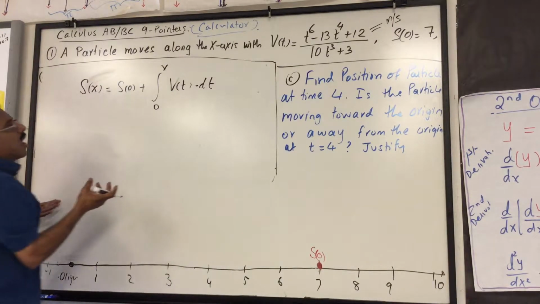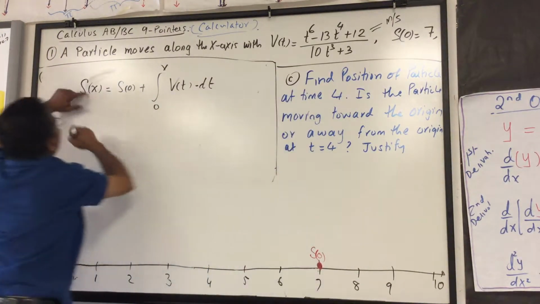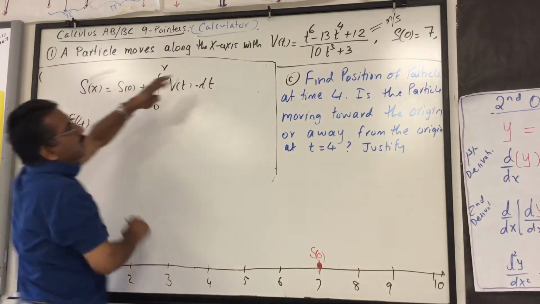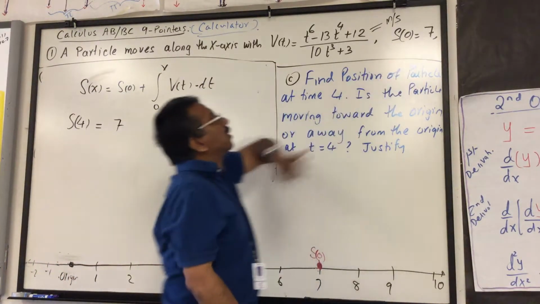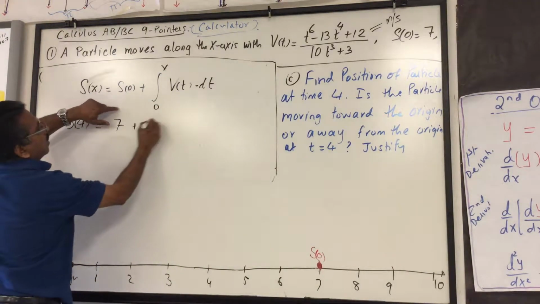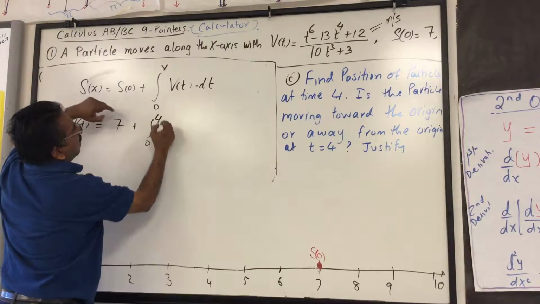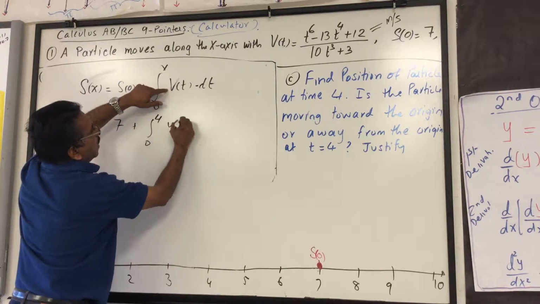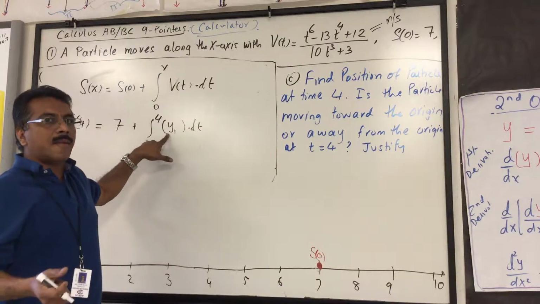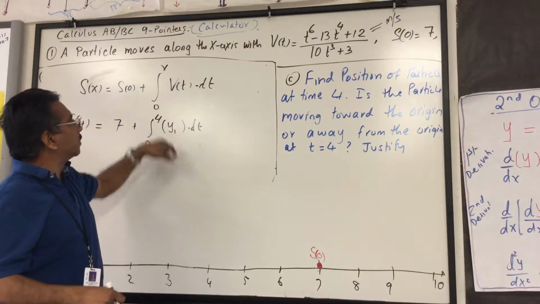Since the question is asked at 4, I'm going to put s of 4 equals 7, because in the beginning the particle is 7 units from the origin, plus the integral from 0 to 4 of y1, because that's what we have already entered in the equation editor.